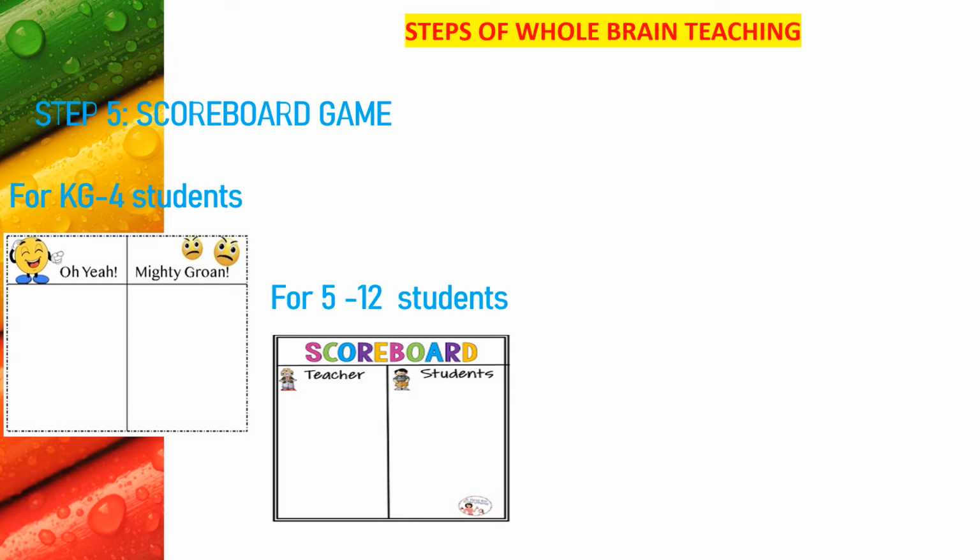Here we have to keep in mind that whenever there is a difference between the two sides, teacher or student, or Oh Yeah and Mighty Ground, the difference should not be more than 3. That means if the child has got 1 smiley on the Oh Yeah side, he should not get 5, 6, 7 Mighty Grounds on the other side. In that case, he will be discouraged.